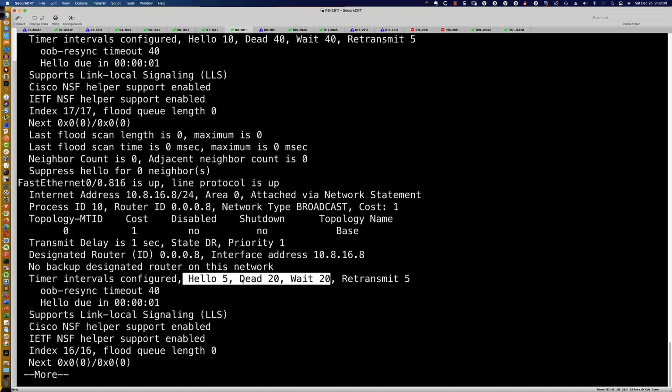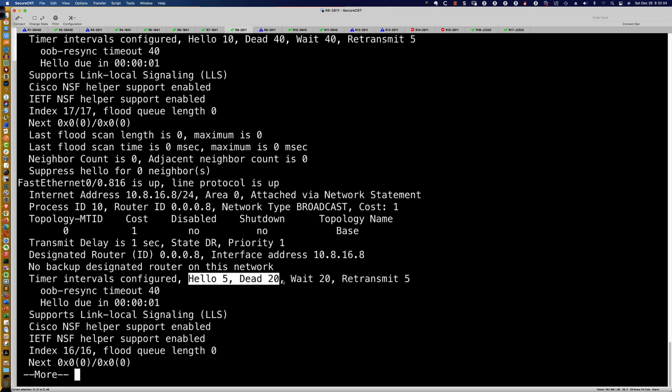On real Cisco IOS, and again, this is an older 15.1, so on 15.7 code, you're definitely going to see behavior similar to this, and that is that when you change the hello interval on real Cisco IOS, the dead interval will change to be 4 times the hello interval that you set.